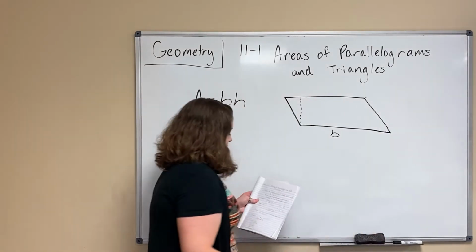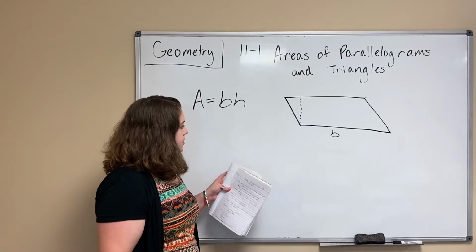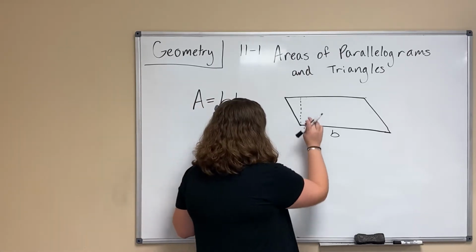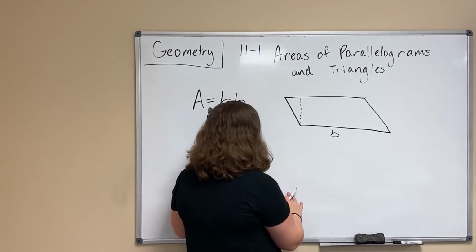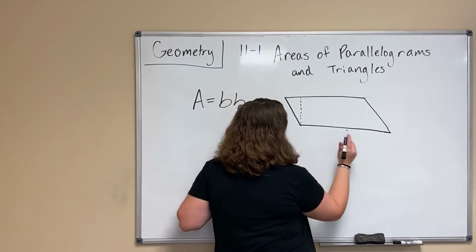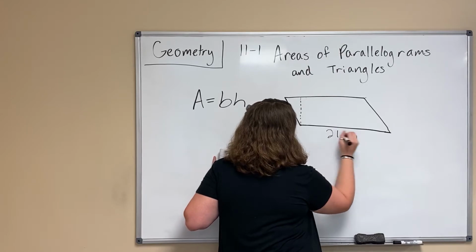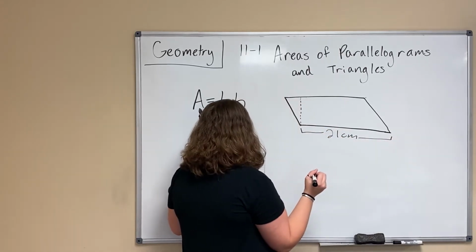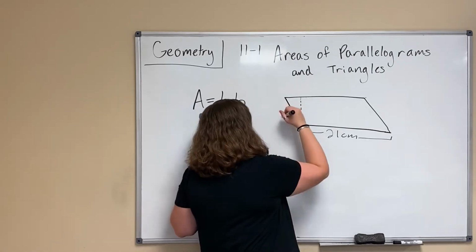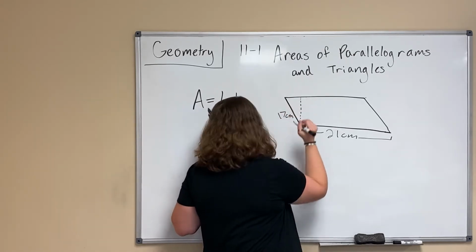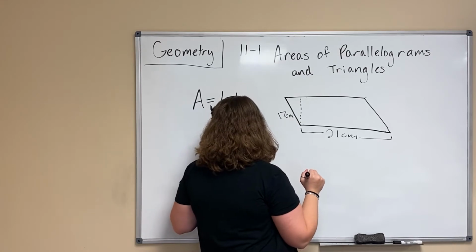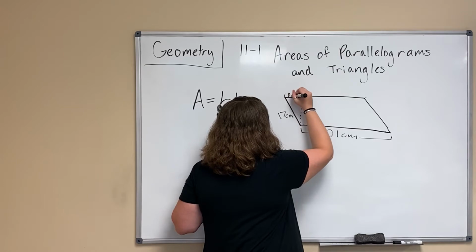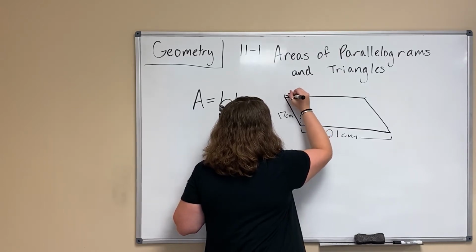So the example problem we're going to look at is, suppose I had a parallelogram like this. We don't know what our height is, but I've told you that the base is 21 centimeters. I've told you that the side length is 17 centimeters and that this little piece right here is 8 centimeters.